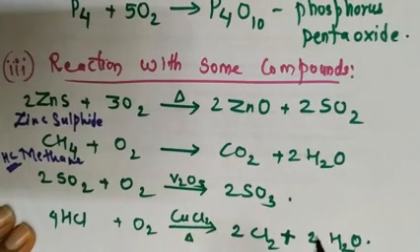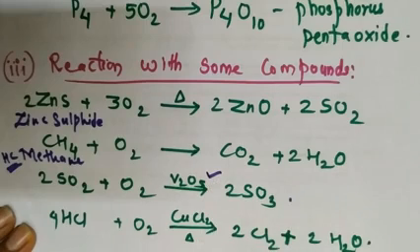These are all nothing but combustion reactions. Now when sulfur dioxide gas reacts with oxygen, it requires a catalyst, V2O5, vanadium pentaoxide. It forms sulfur trioxide. Dioxide getting converted to trioxide. Next, HCl when reacting with oxygen in the presence of catalyst CuCl2, copper chloride, forms chlorine plus water.